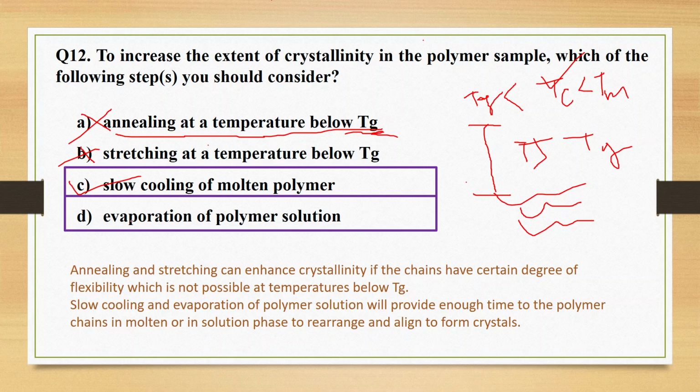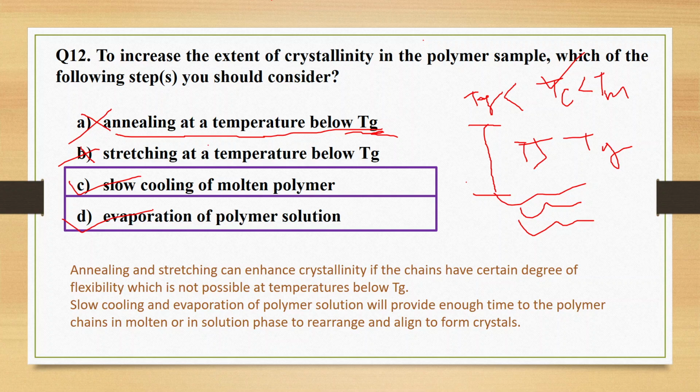Okay. Next is evaporation of polymer solution. Again, evaporation is a very slow process. What you are doing is slowly evaporating the solvent. You have your polymer solution and you are slowly evaporating the solvent. And as this process is slow as well, whenever the solvent molecules are evaporating, you are giving sufficient time for those gaps to be filled.